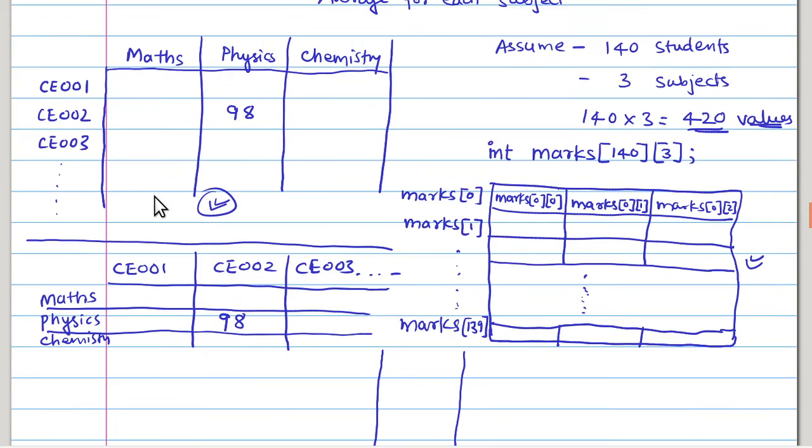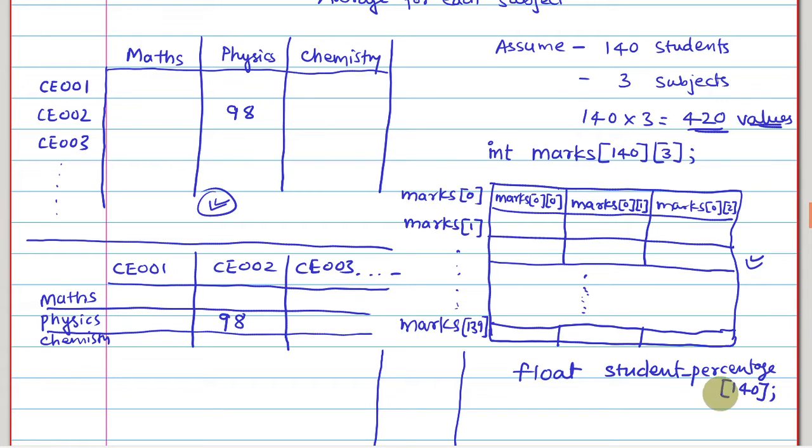So if you think about it, we have these 140 students here. If we want to store the percentage of each student, then each student will require one float number. So if I declare an array like this of type float and call it student percentage, then I will require its size to be 140, right?